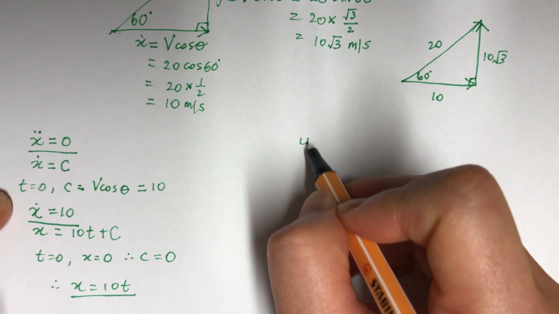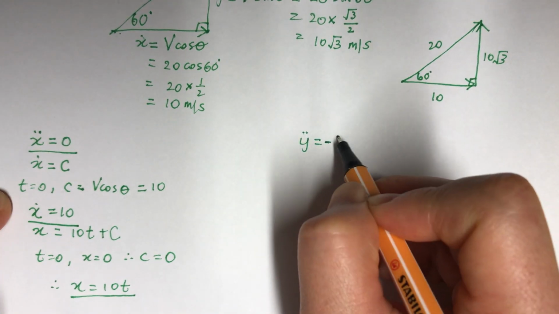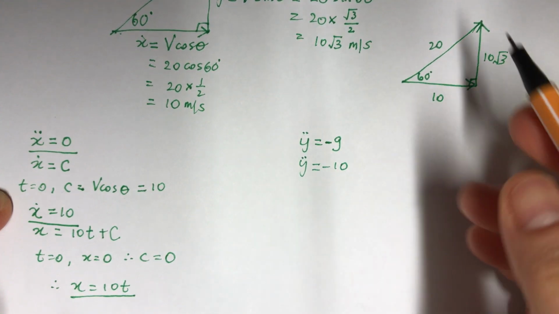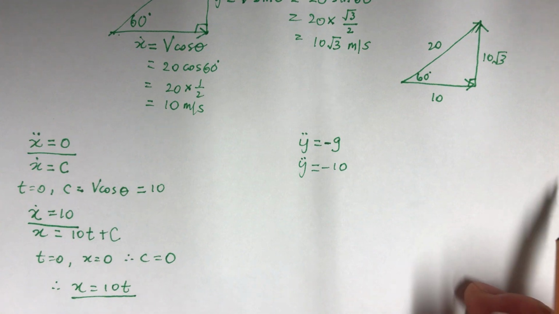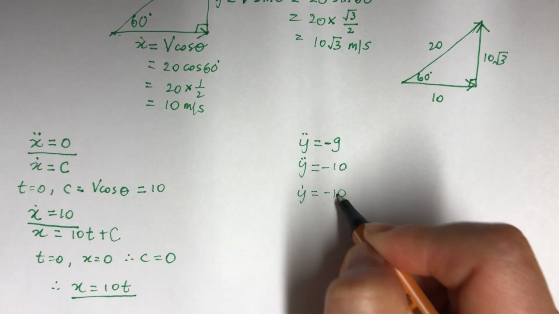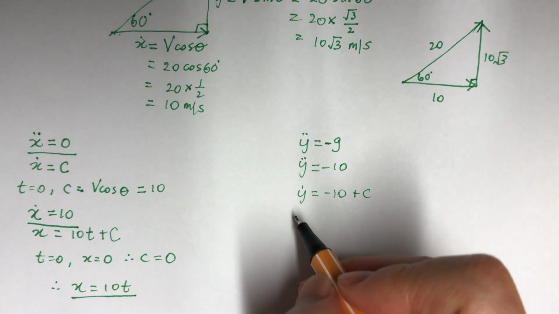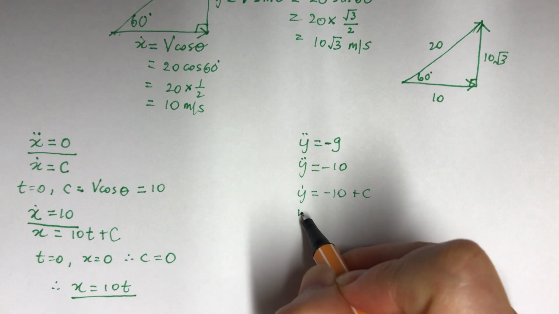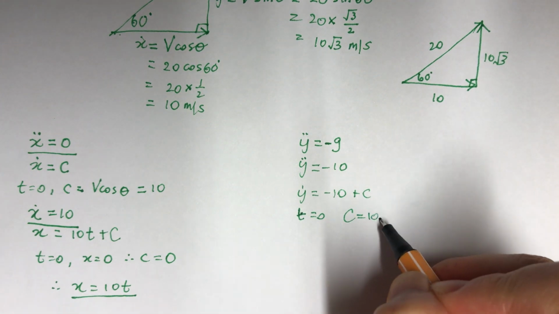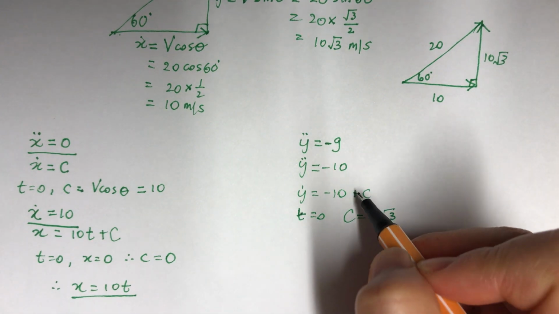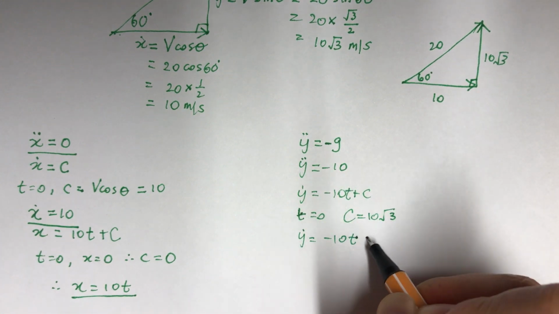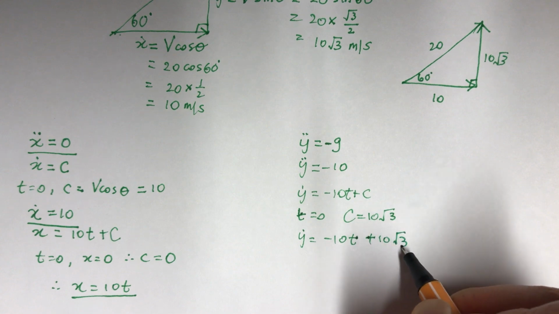Let's have a look at y double dot, which is negative gravity, negative 10, because we said gravity is 10. So y dot is minus 10t plus c, where c is a constant. When t equals 0, my constant is 10 root 3. So y dot is minus 10t plus 10 root 3.